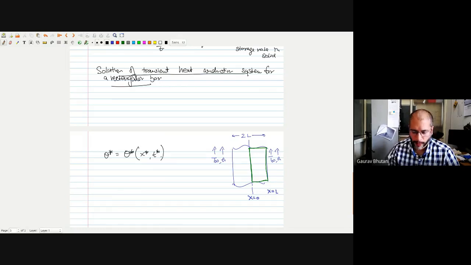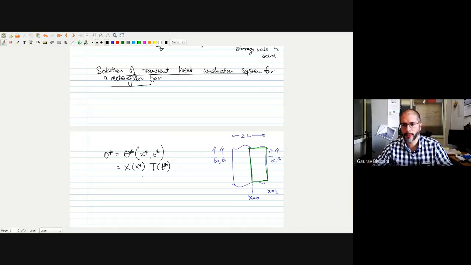So you use the same approach. You say that let us assume that we can write this in terms of a function capital X, which is purely a function of x star, times capital T, which is purely a function of t star. Then you proceed as same as last time, and you will see that you get a similar solution like you had previously, in terms of an infinite Fourier series.